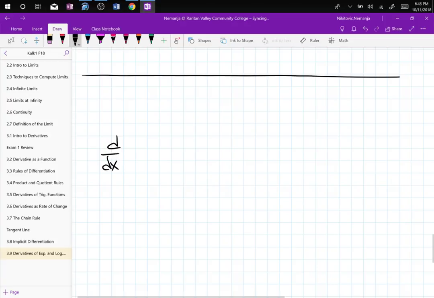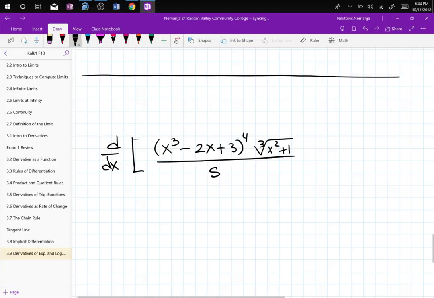Let's see. So what is the derivative of, say, x cubed minus 2x plus 3 to the 4th power times the cube root of x squared plus 1 divided by sine cubed x?